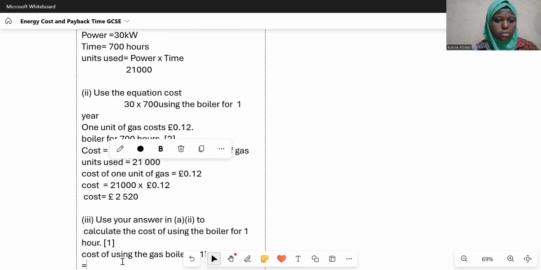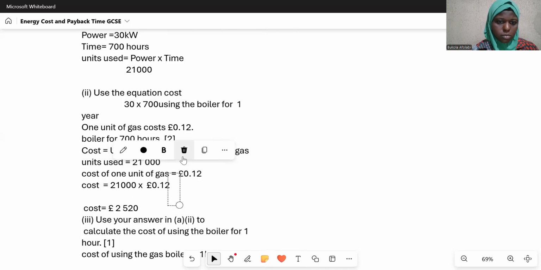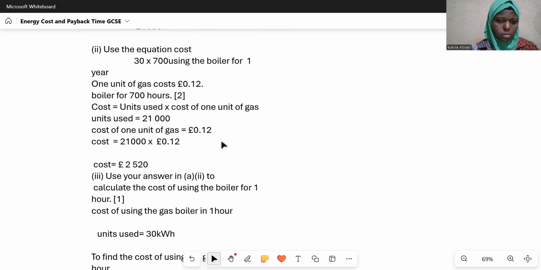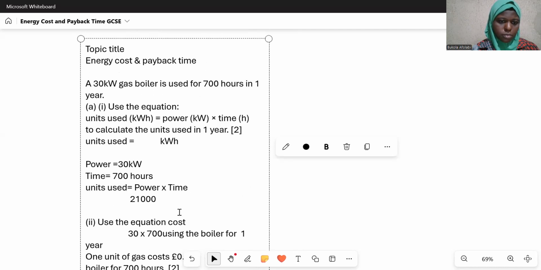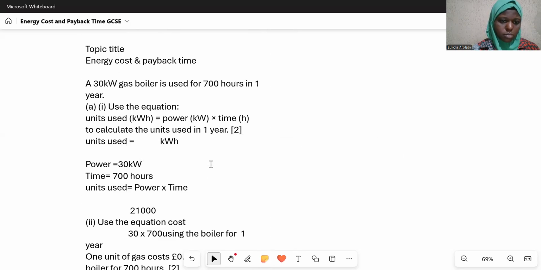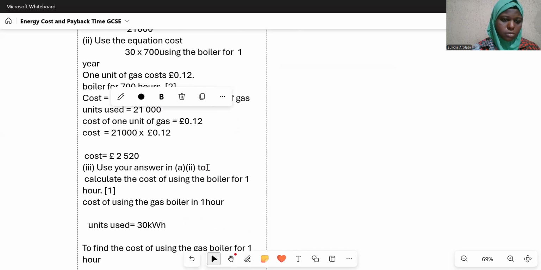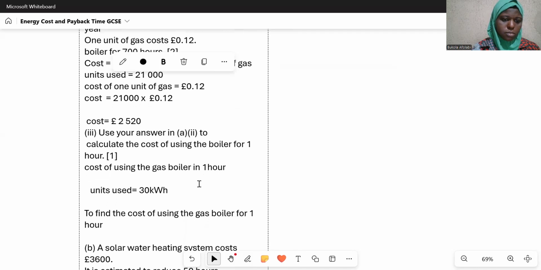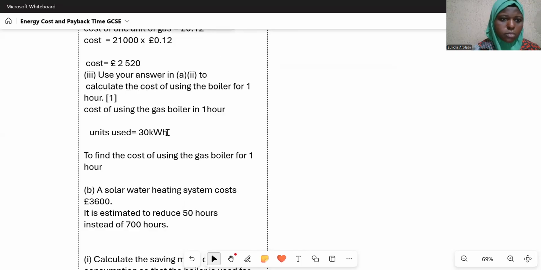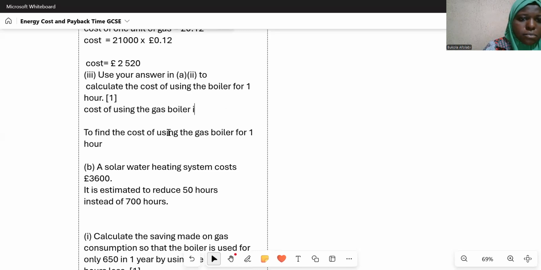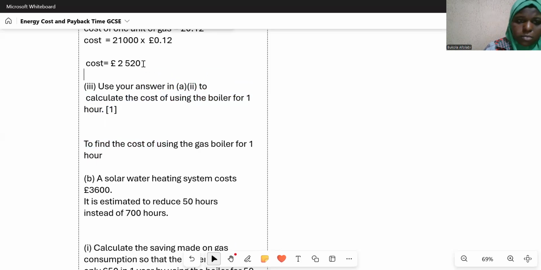From the question, A3 says, use your answer in A2 to calculate the cost of using the boiler for 1 hour.